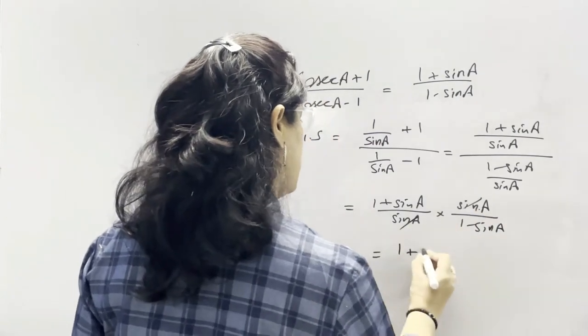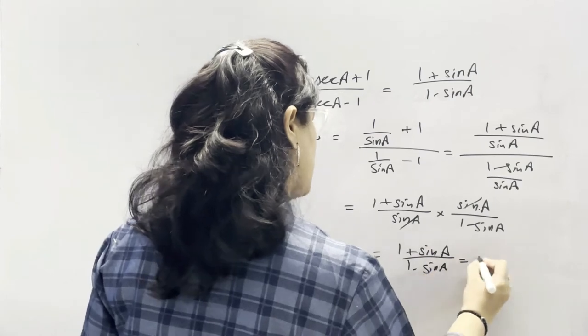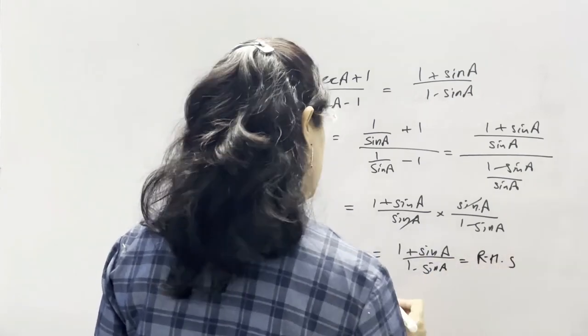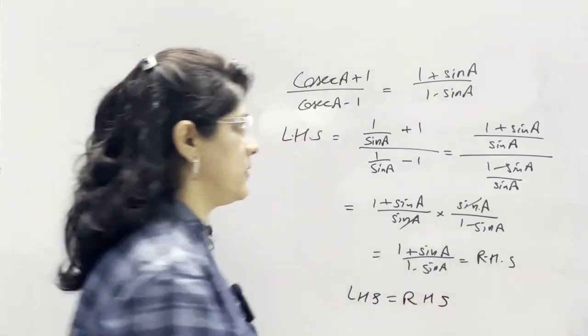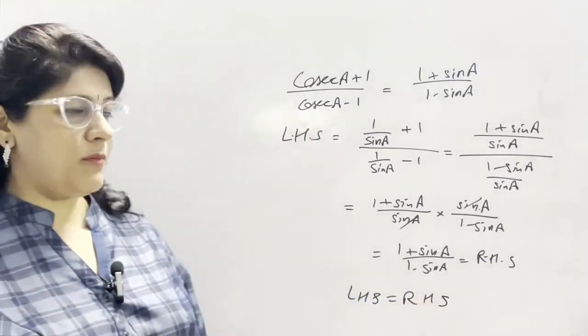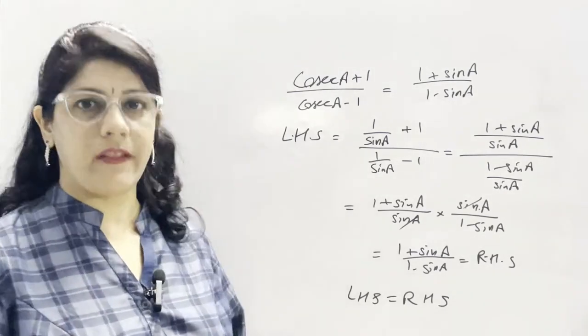Sin A is cancelled, (1 plus sin A) upon (1 minus sin A). Therefore, RHS is equal to LHS, and hence proved. So this is the shortcut method of doing this question. Now I am going to solve this same question with another method.